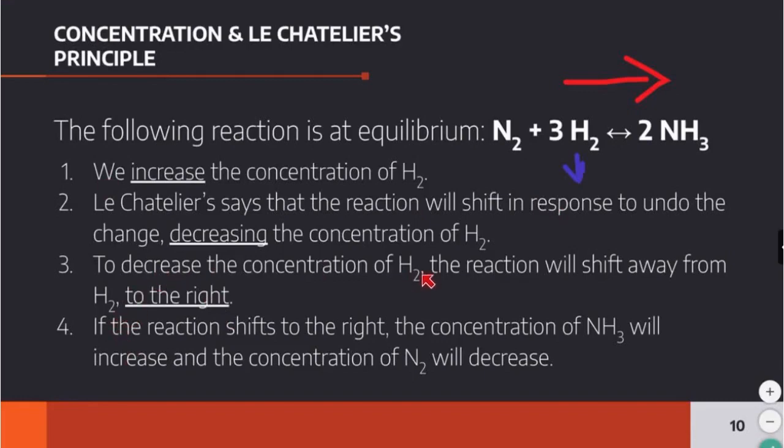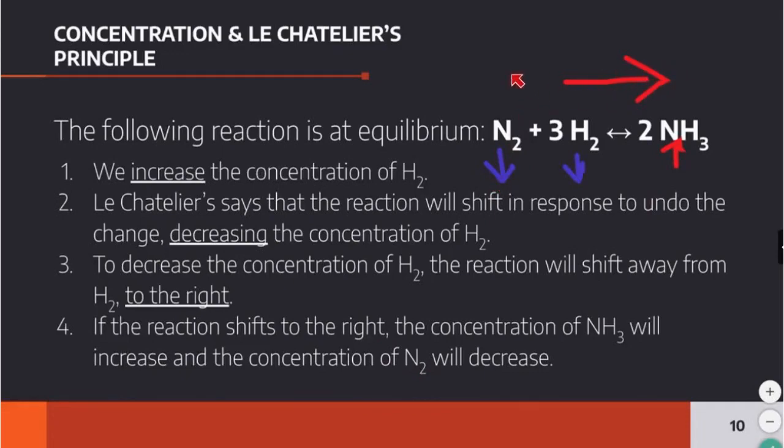If the reaction shifts to the right, the amount of NH3 should go up because we're shifting toward it, and the concentration of N2 will decrease because we're shifting away from it.